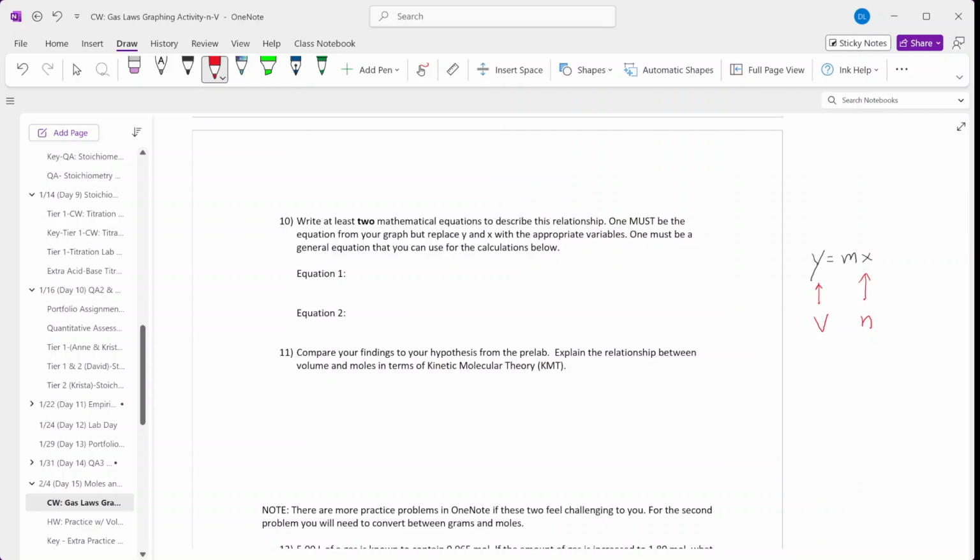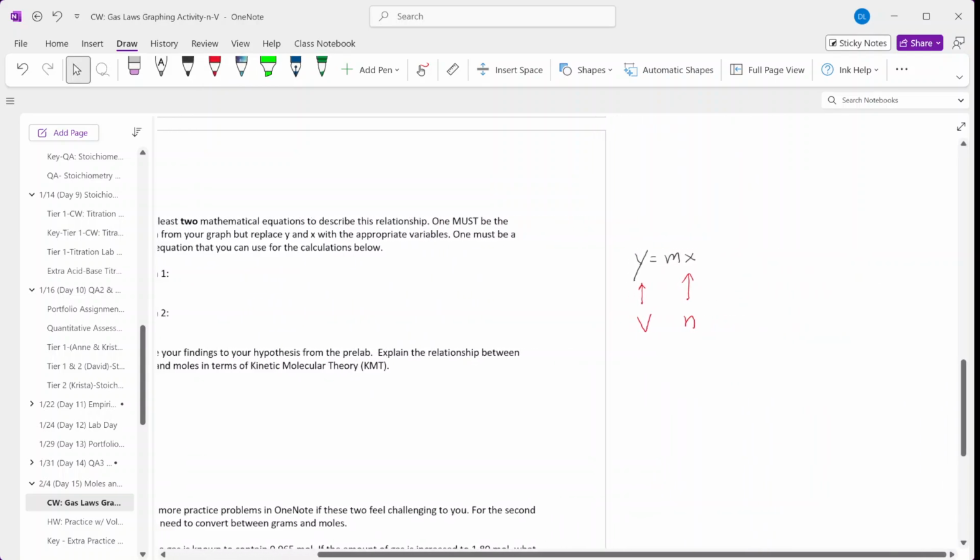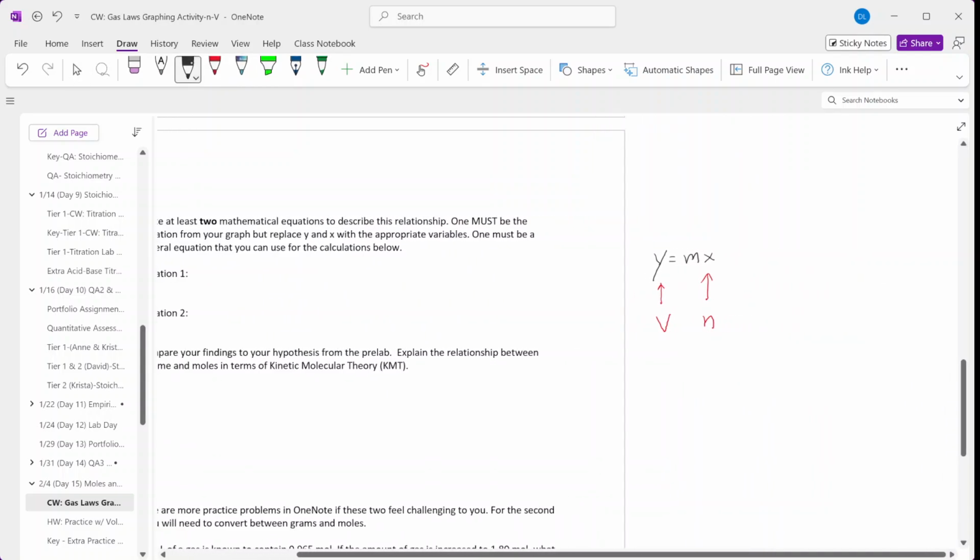So equation 2 is maybe a little bit less obvious to you as to how you might write it. But let's just walk you through that. I'm going to write a plot here.